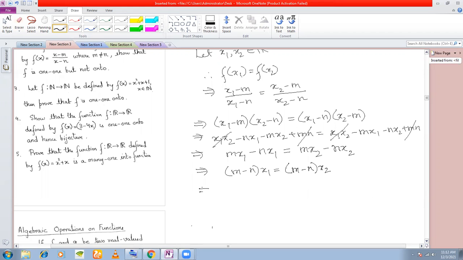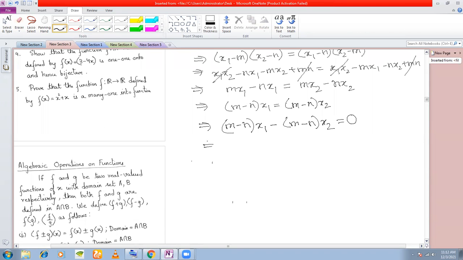Okay. So that means now you take everything on the left hand side. You can't cancel m minus n from both sides. So what are you getting here? You're getting (m minus n) into (x1 minus x2) is equal to 0. Right?